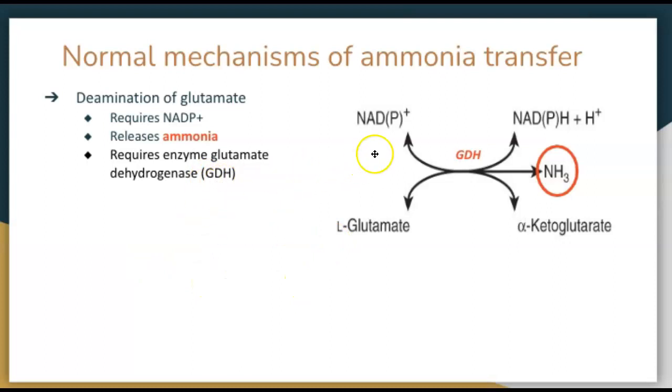This requires NADP+ and uses the enzyme glutamate dehydrogenase. This will end up releasing some free ammonia. This reaction is reversible, so we'll see that come into play a little bit later on with the fasted state implementation of the nitrogen transport system.